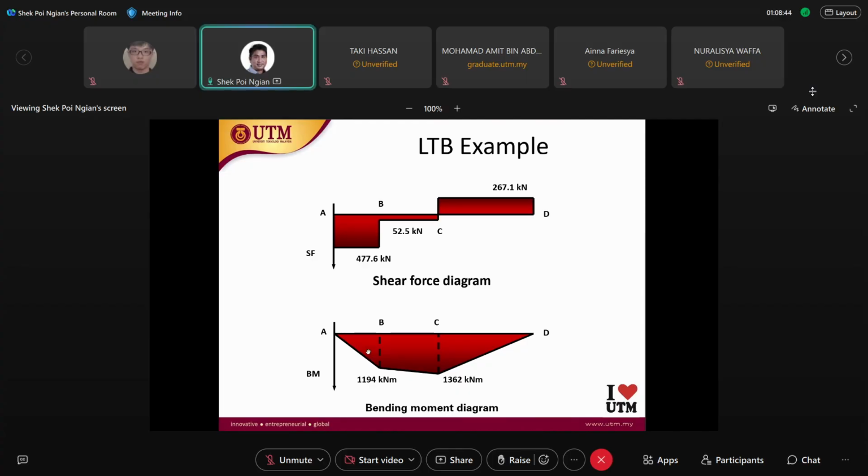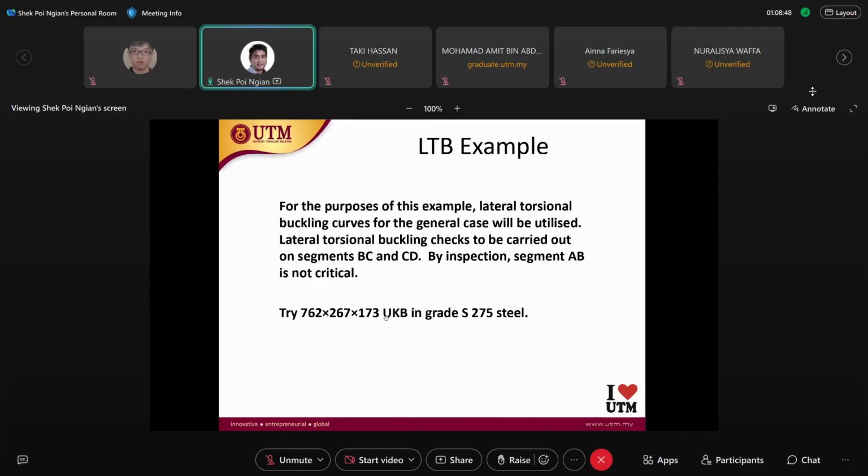For the purpose of this example, the lateral torsional buckling curve for the general case will be utilized. Lateral torsional buckling checks are to be carried out on segments BC and CD. By inspection, segment AB is not critical. So try 762 by 267 by 173 UKB in grade S275 steel.